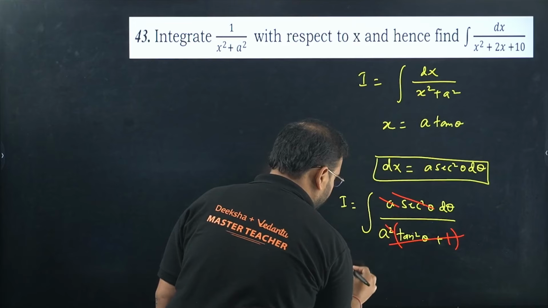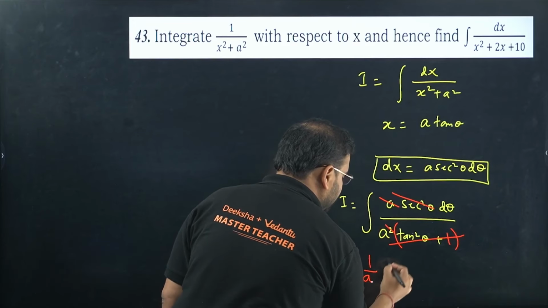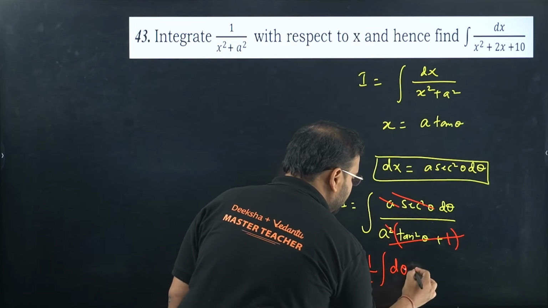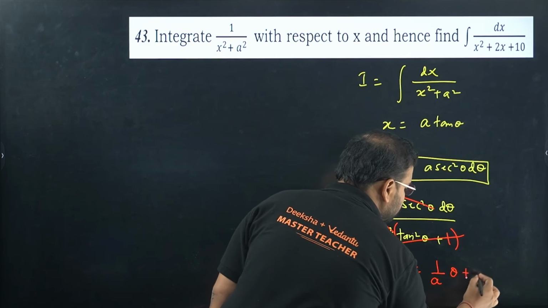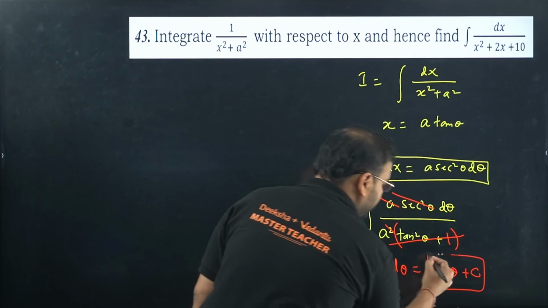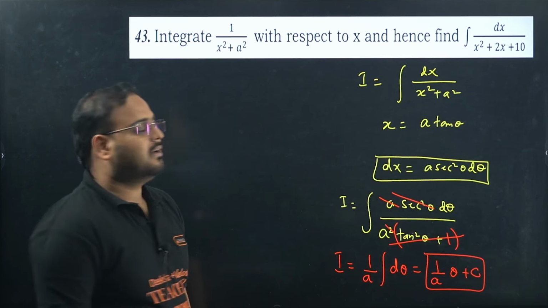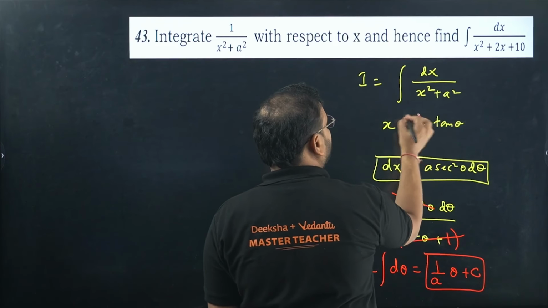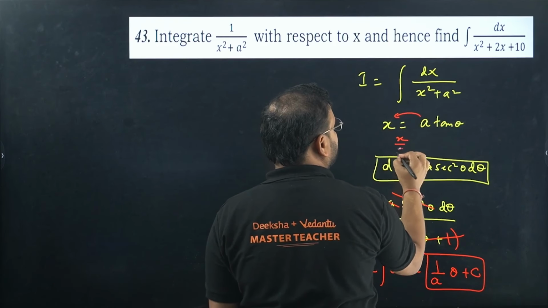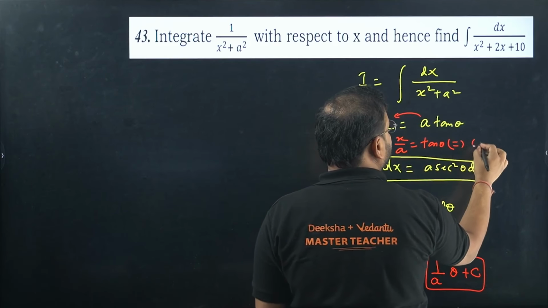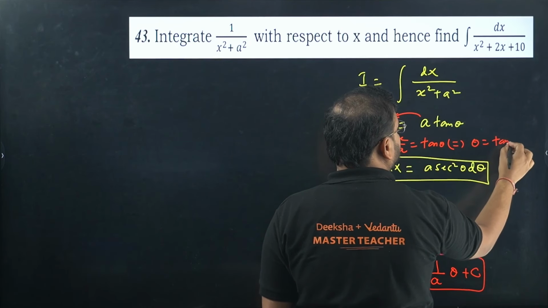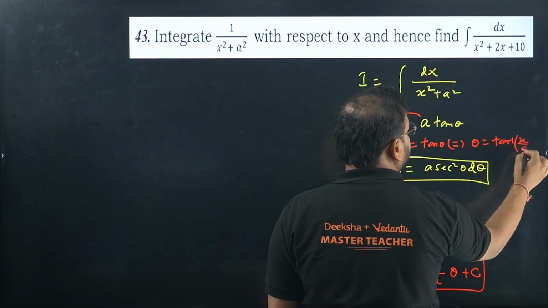I have the value of I as 1 by a, the constant, integration of just d theta. If you remember, it's nothing but 1 by a theta plus c. Theta value you can find from here. Move a on this side, you'll get x by a is tan theta. So simply theta value is tan inverse of x by a.